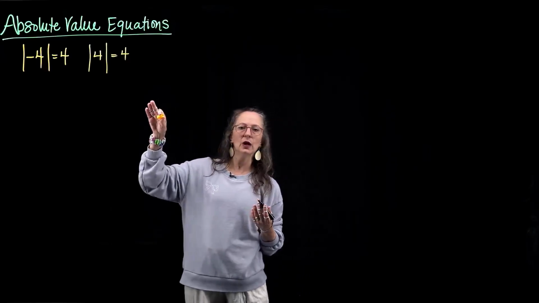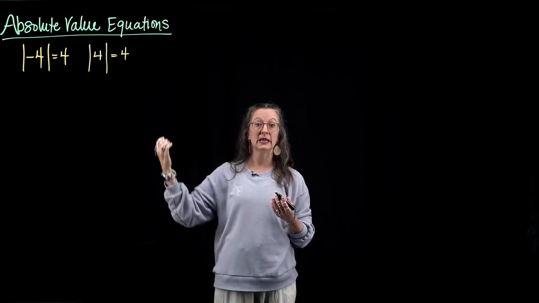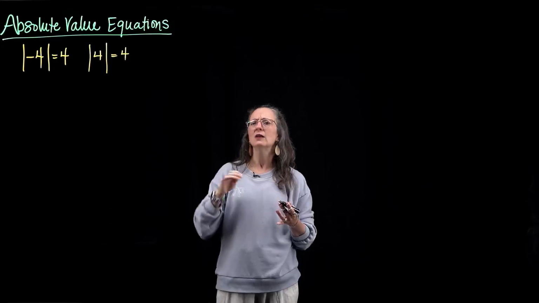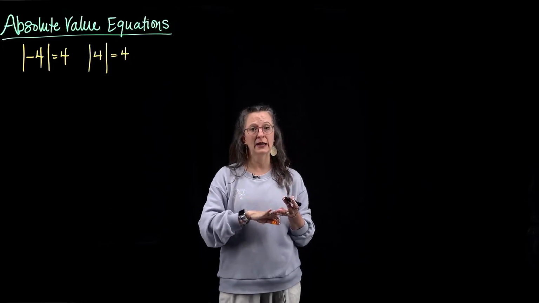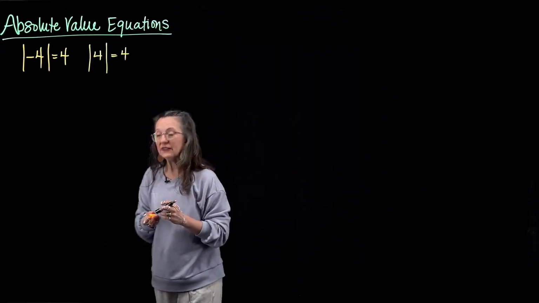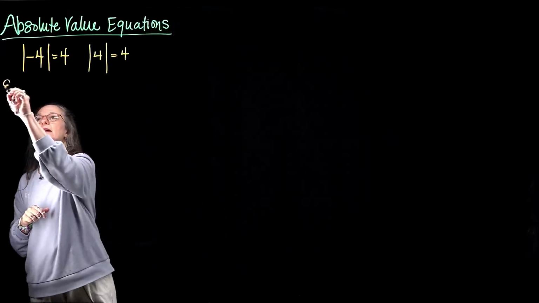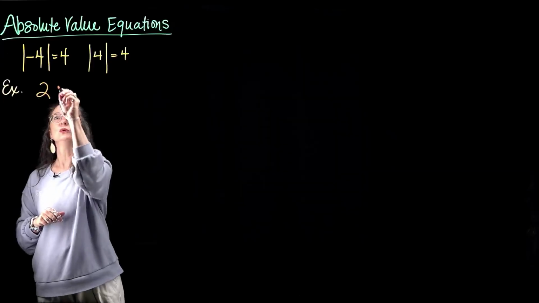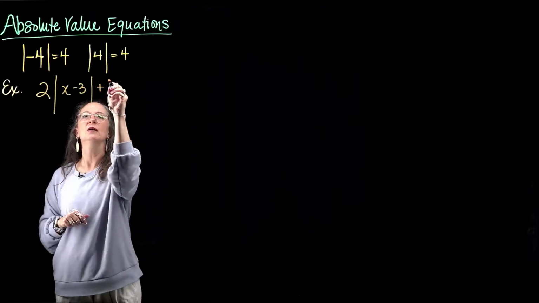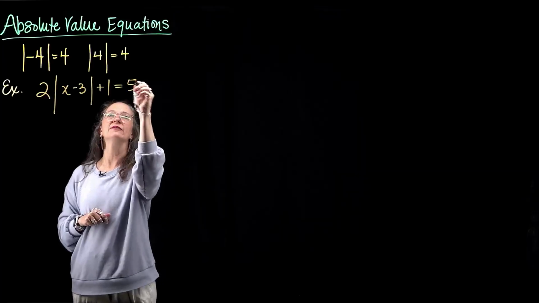Now, unlike other grouping symbols, absolute value has to be taken off in a very specific way, separate than say parentheses or brackets or braces might. So when we have an absolute value equation, it might look something like this: 2 times the absolute value of x minus 3, plus 1, is equal to 5.